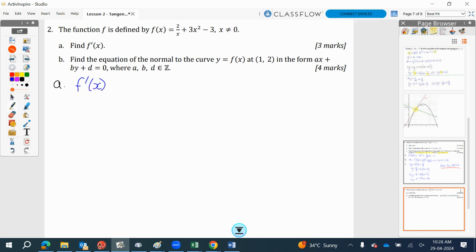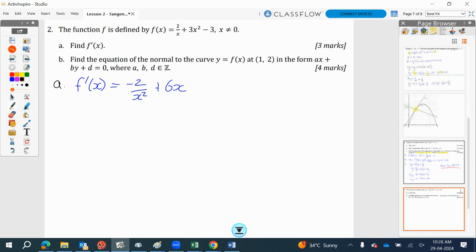What do we have as our derivative? Negative 2 over x squared, good, plus 6x, excellent.